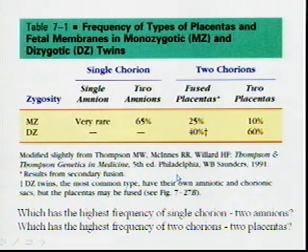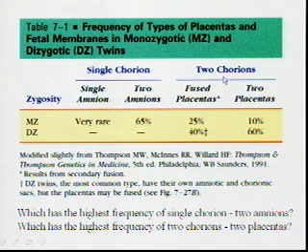Thus, we can take a close look at this table 7.1, showing the frequencies of the types of placentas and fetal membranes in both the monozygotic and the dizygotic twins. I know we haven't discussed the monozygotic twins yet, but we will start with this table and then go on to the details in a moment. So we see in the far left column the zygosity, monozygotic or dizygotic. In the middle 2 columns would be the case where there's a single chorion.